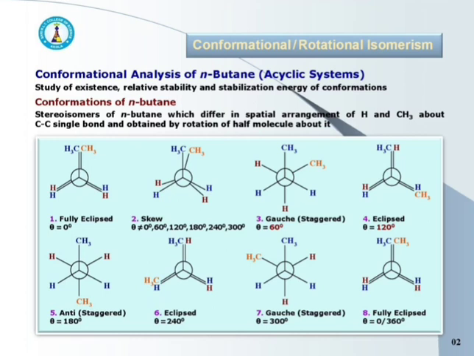These have dihedral angle 0 or 360 degree. Conformations 4 and 6 are eclipse conformations, whereas conformations 1 and 8 are fully eclipse conformations.